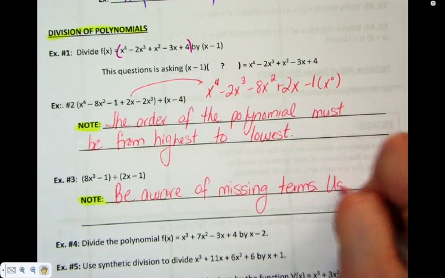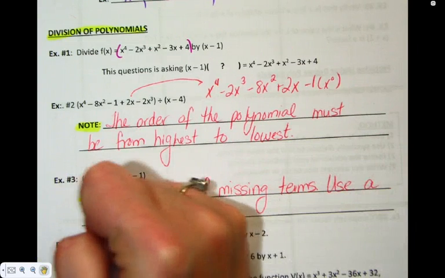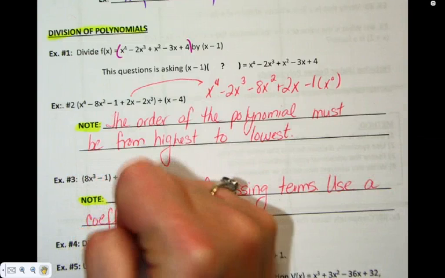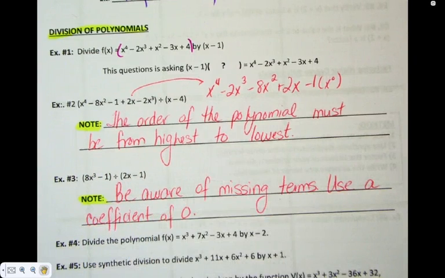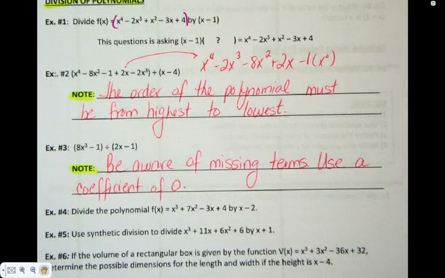Use a coefficient of 0. We did this with oblique, we just really didn't talk about it. Missing terms mean anything between the highest degree and the constant.